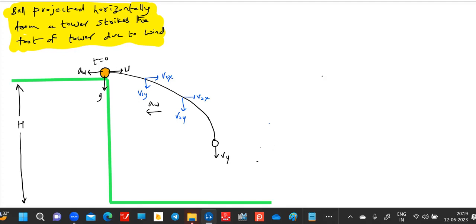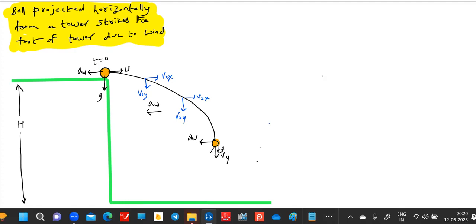So at one point, the particle will have only the vertical component. Then again, the wind will continuously try to impart acceleration. So this will further continue. So what do we expect now? How will the particle move?